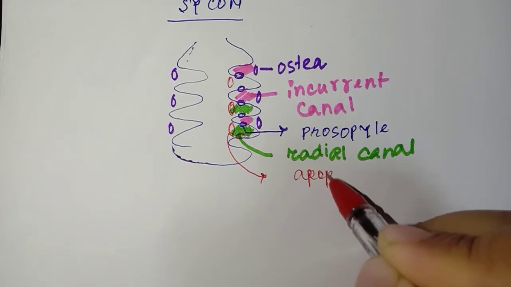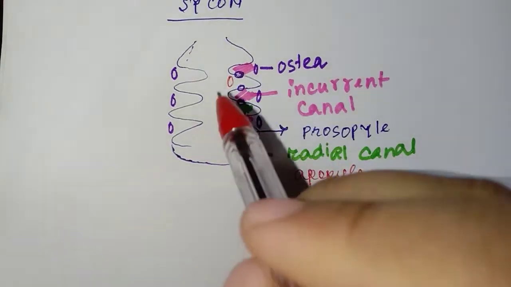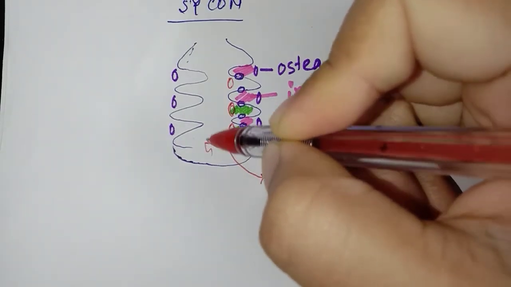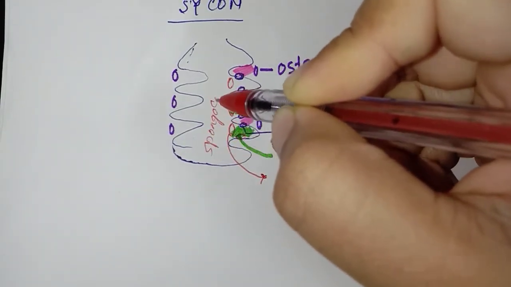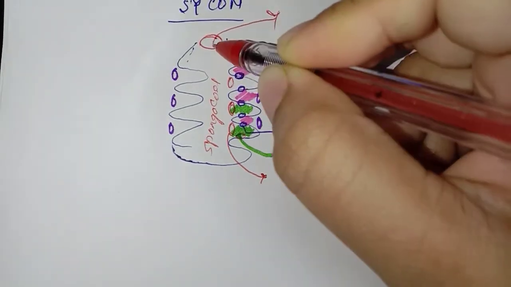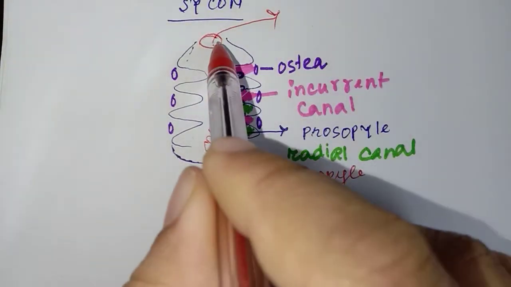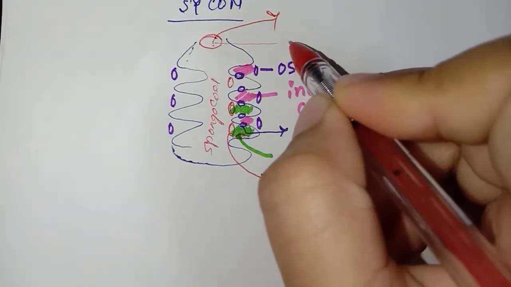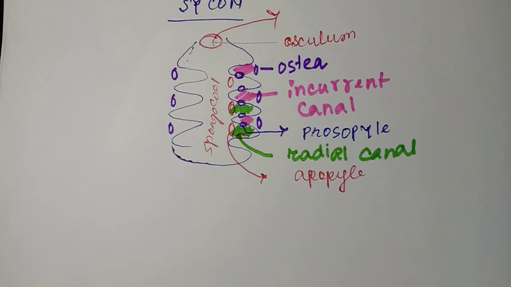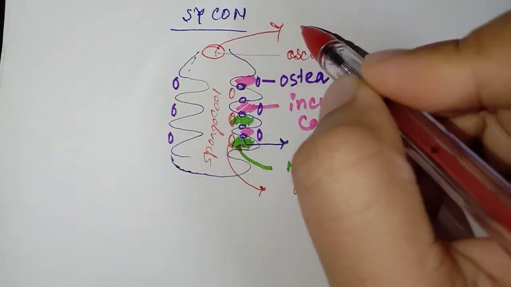So with the help of this apopyle, the water will enter into that cavity. That cavity is called the spongiocele. Now from the spongiocele, water will be removed outside by another opening. What is that opening called? This opening is the same as in the Ascon type of canal system, that is the osculum.